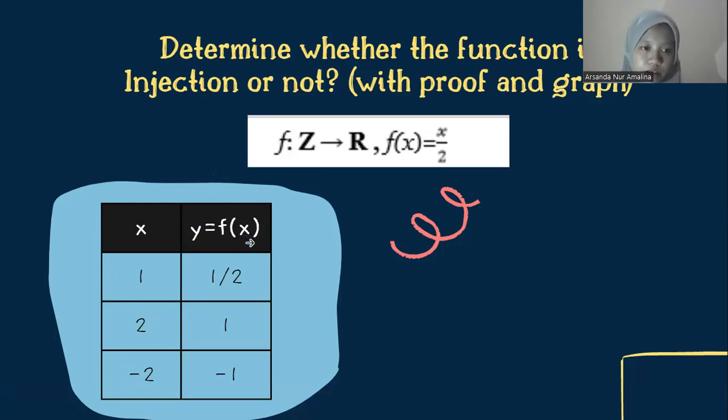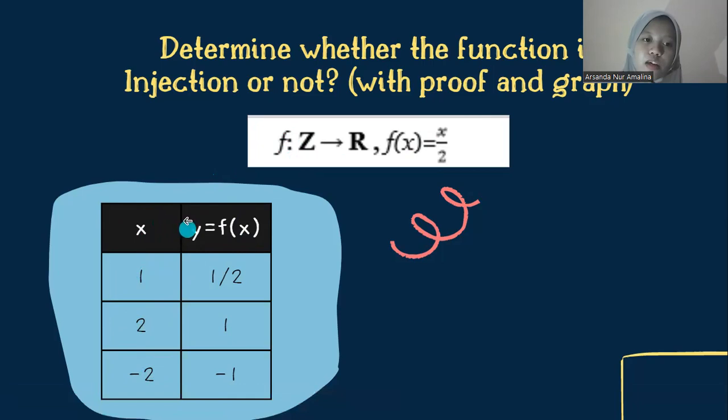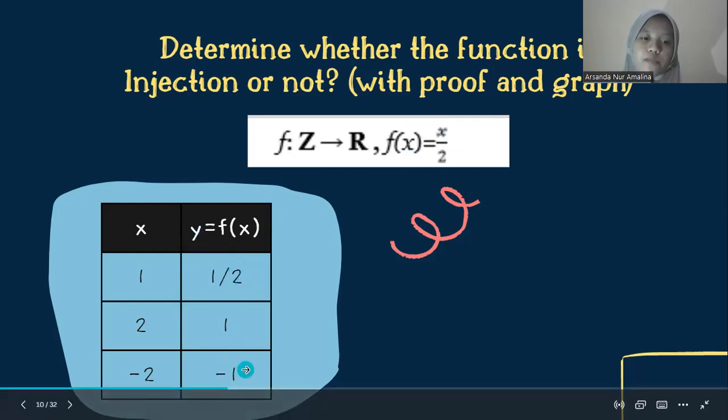For example, here I choose 1, 2, and -2 to replace the variable x, and we substitute these values of x into f of x. So we get the values of y, which are 1/2, 1, and -1.